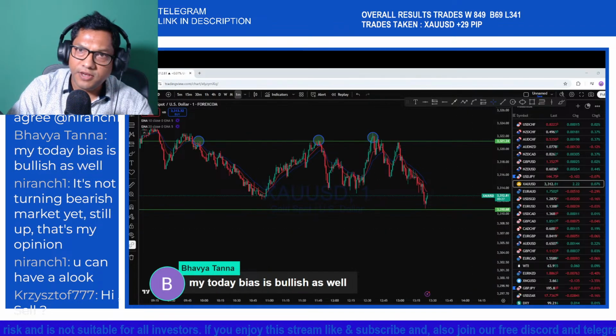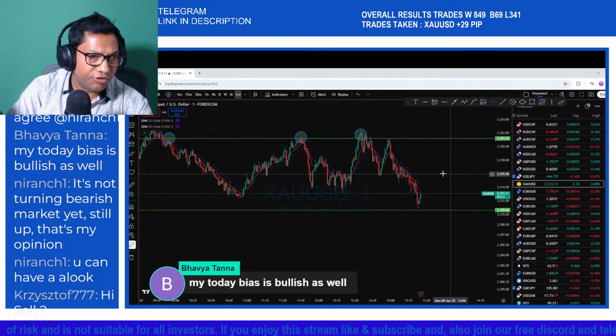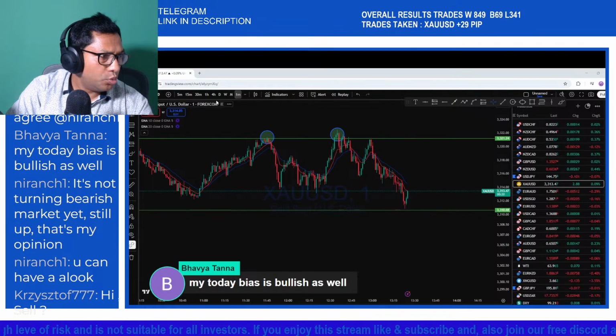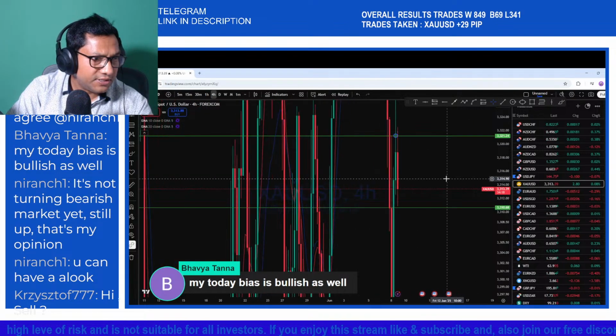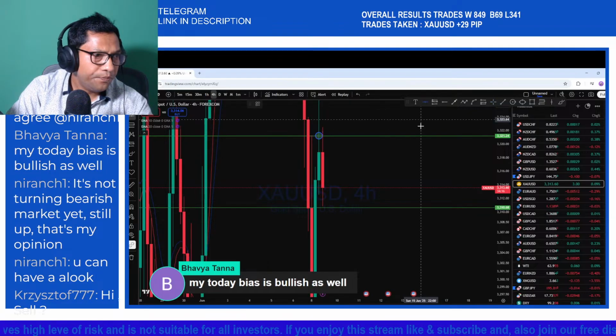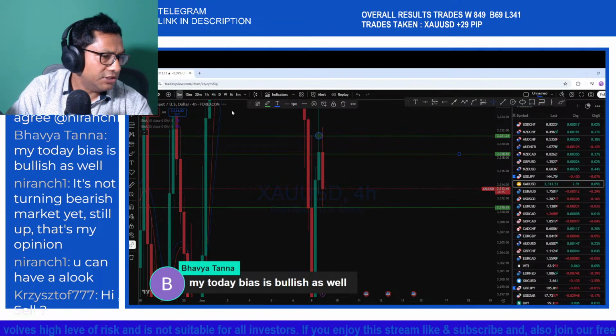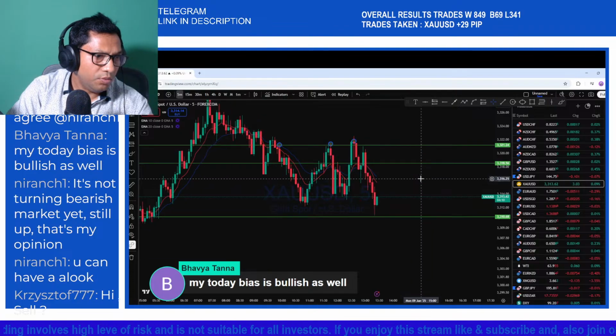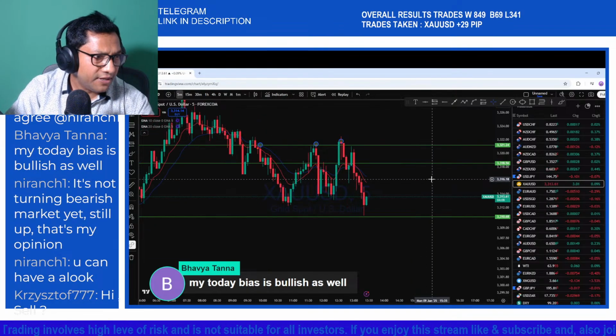Now for finding another possible entry here, what we can look at is another pullback to any of these resistance lines. As the market has overextended, we may see that pullback again.